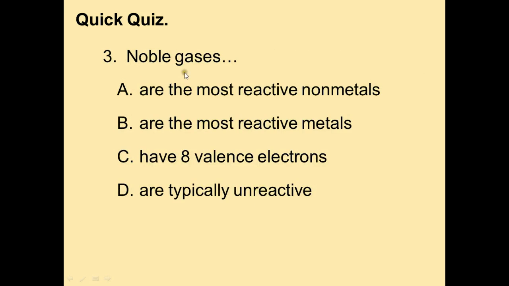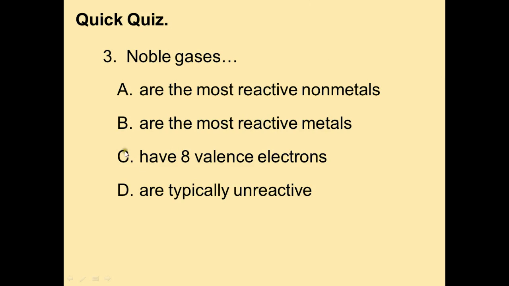Noble gases, A, are the most reactive nonmetals, B, are the most reactive metals, C, have 8 valence electrons, D, are typically unreactive. Well, noble gases is column 8A, and because they have a full valence shell, they are not reactive at all. So you can omit A and B because these two answers say that they're very reactive.